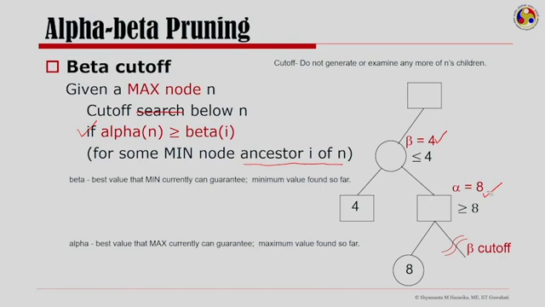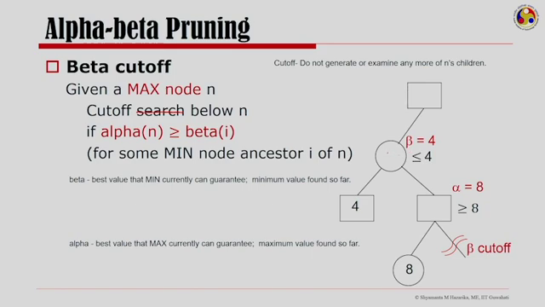Now, why is it that we do not need to search anything beyond this point? It is interesting to take 1 minute and note it. Here we are guaranteed to have something which is greater than or equal to 8, and given that guarantee, here we have something which is guaranteed to keep me to the maximum of 4, because this is a min node.